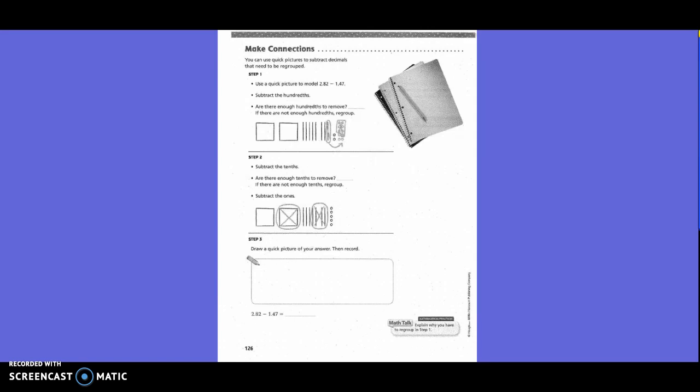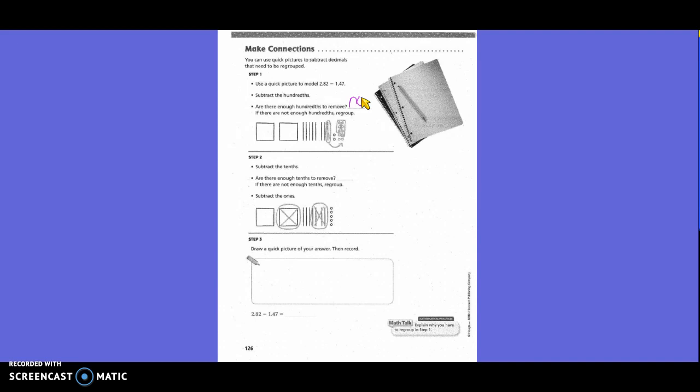Is there enough? No. So they regrouped and took away 1 tenth and made 10 more hundredths, right?